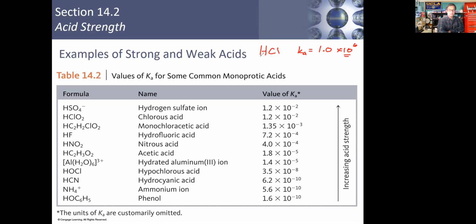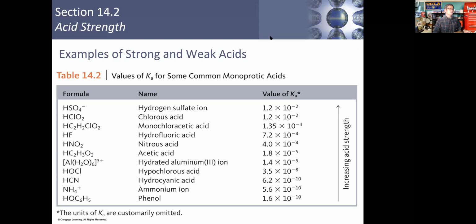It breaks up completely into hydrogen ions and chloride ions. Whereas these here on the bottom, they don't. They would prefer to stay intact, the way that we see them right now. And so that's how we can use the Kas to determine the strength of any type of acid.